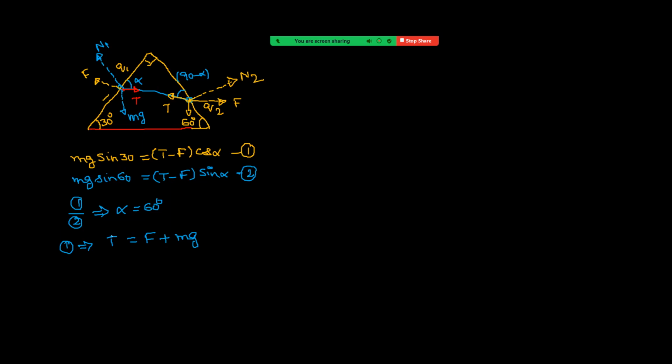And here what is F? The F value is 1 by 4 pi epsilon naught, Q1 Q2 by L square. So we got the value of tension.